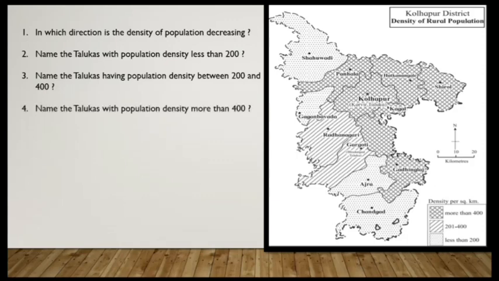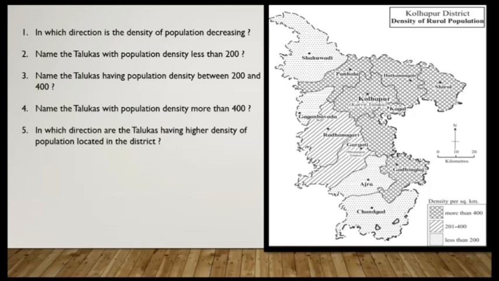Name the talukas with population density more than 400. Children, if you can see the crossed lines, that is Panhala, Kolhapur, Kagal, Gadhinglaj, Hatkangale and Shirol are the places that have population density more than 400.